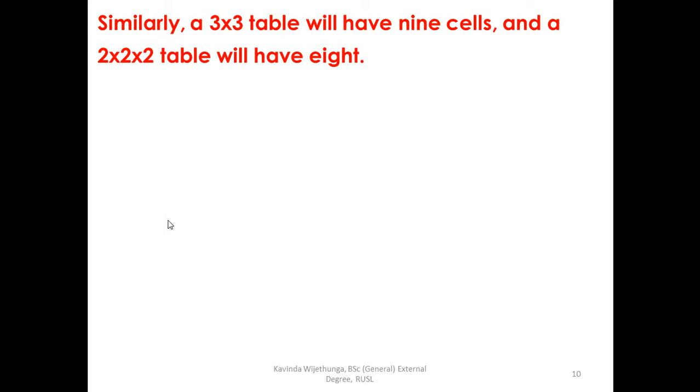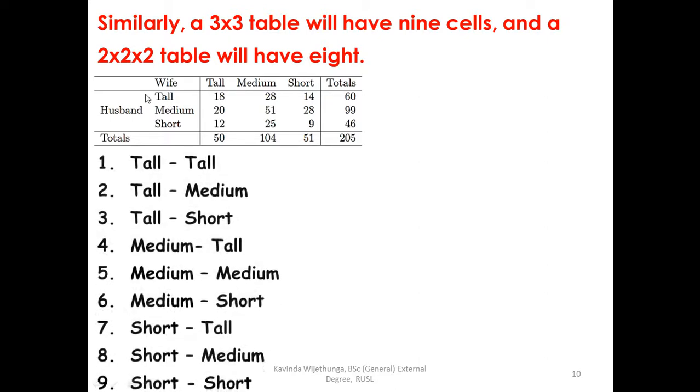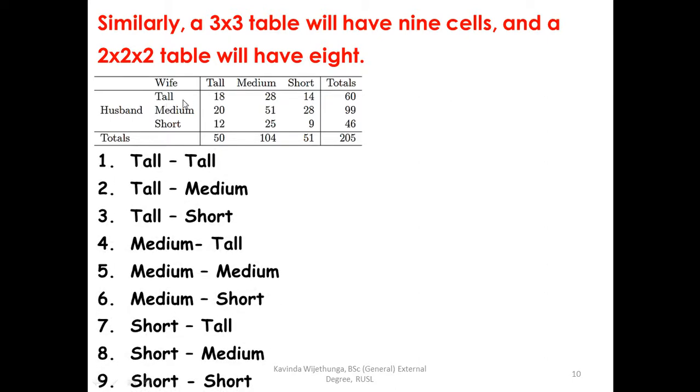Similarly, a 3 by 3 table will have 9 cells, and a 2 by 2 by 2 table will have 8 cells. This is a 3 by 3 table. What are the possibilities in there? Tall, medium; tall, short; medium tall, medium short; short tall, short medium and short.